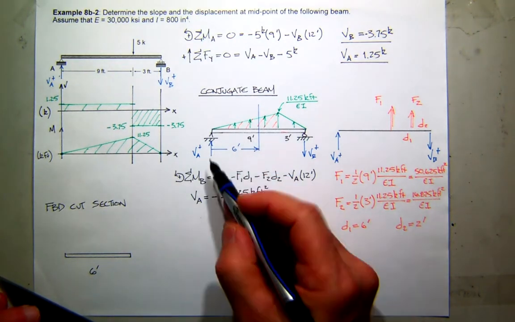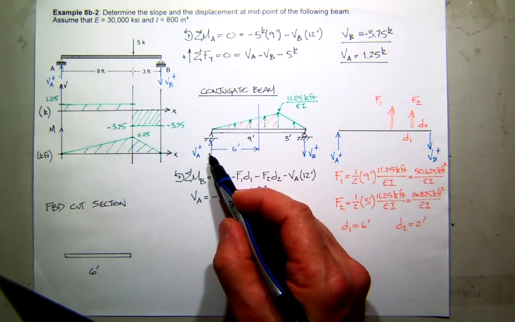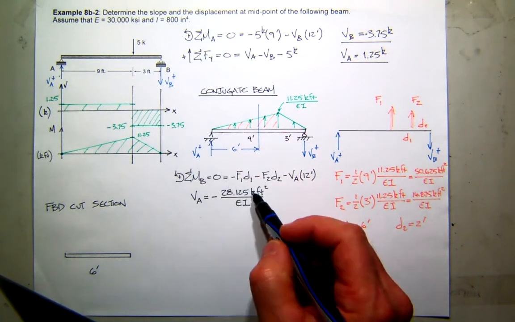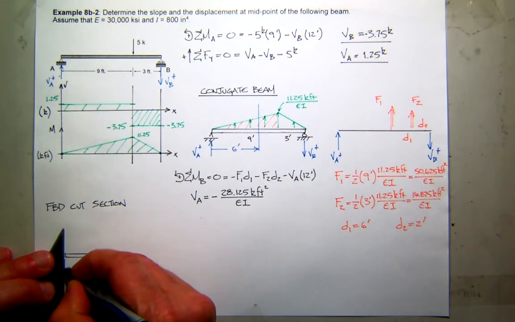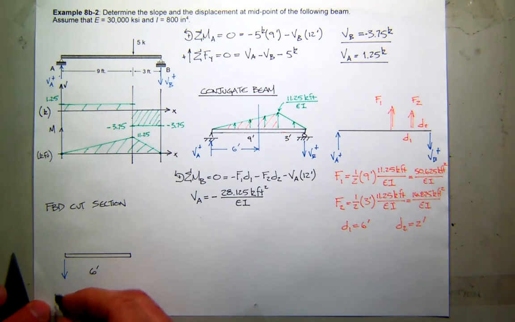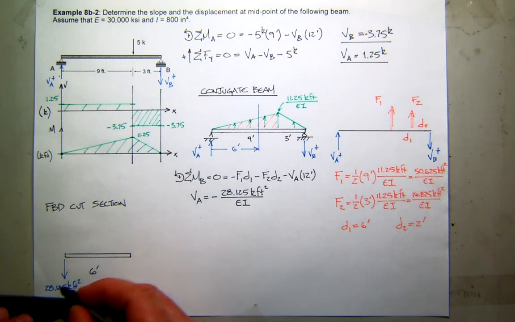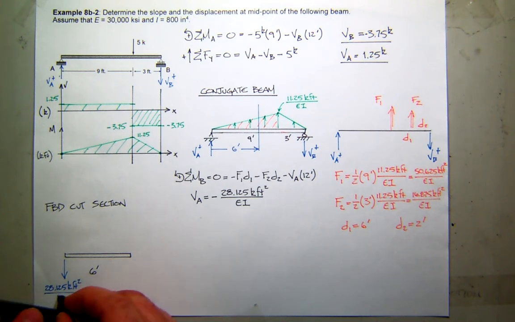I've got my shear at A, which I solved. Positive was up, I got a negative value, so it's actually down. So it has a value of 28.125 kip feet squared divided by EI.